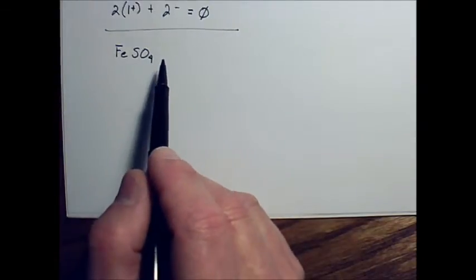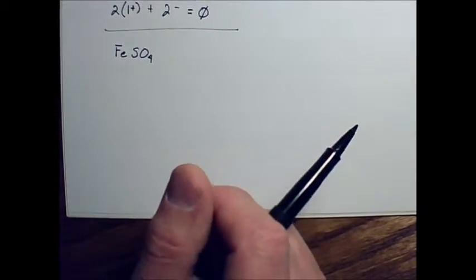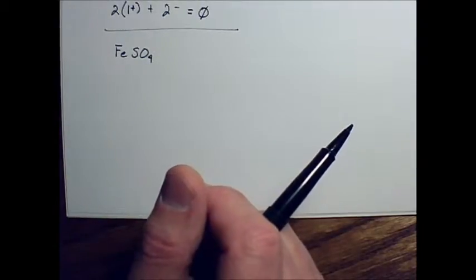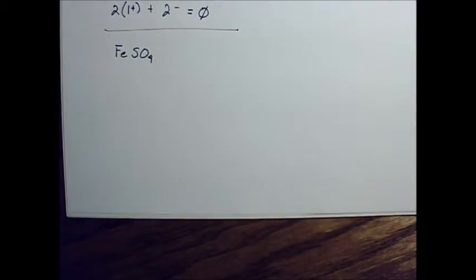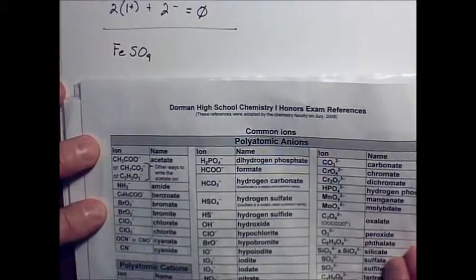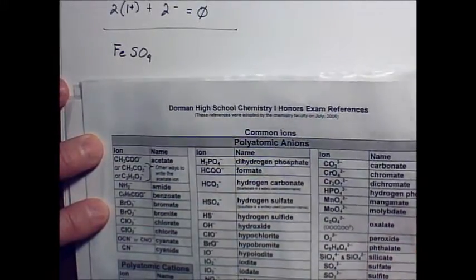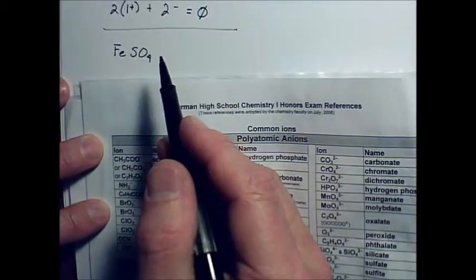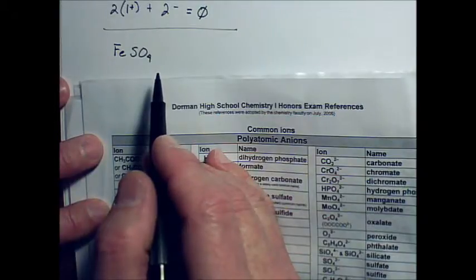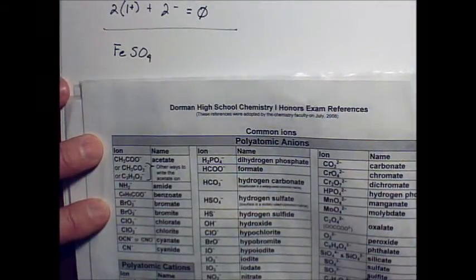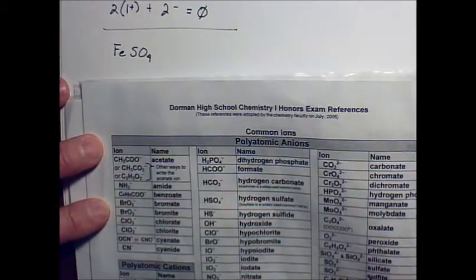Okay, you're going to try to name this, Tevin. Okay. Alright, so I kind of helped you out here a little bit by giving you the same polyatomic ion that we used a moment ago.